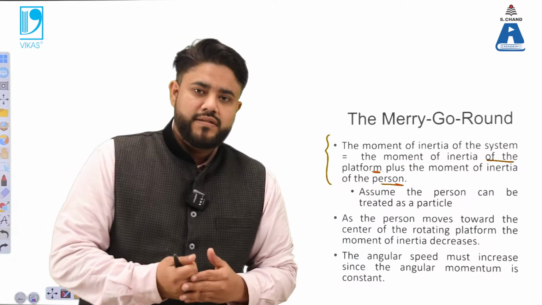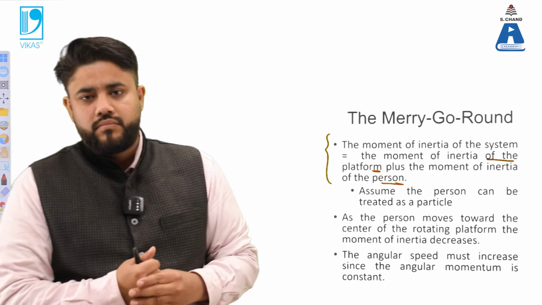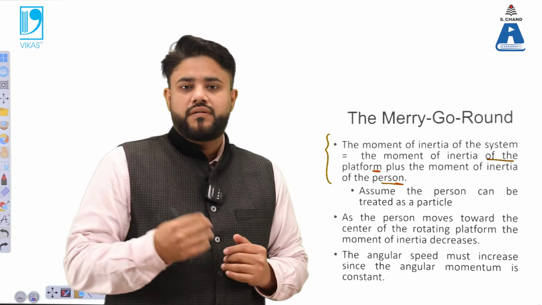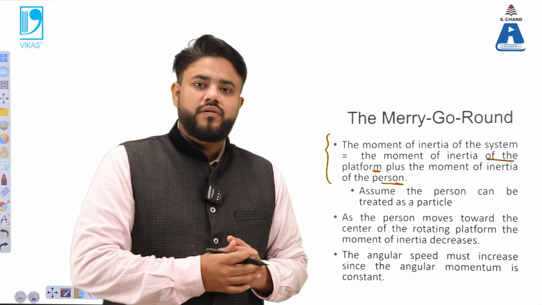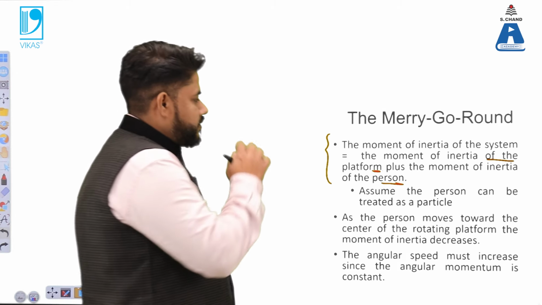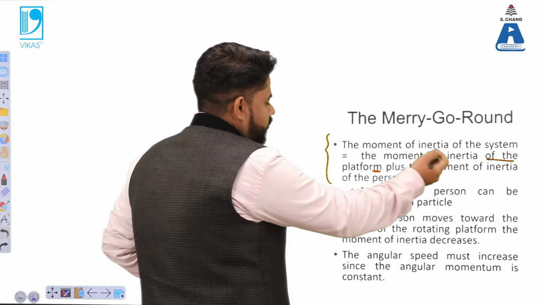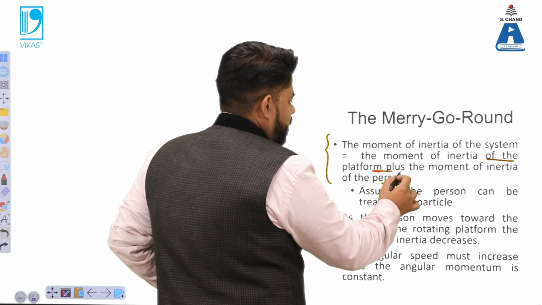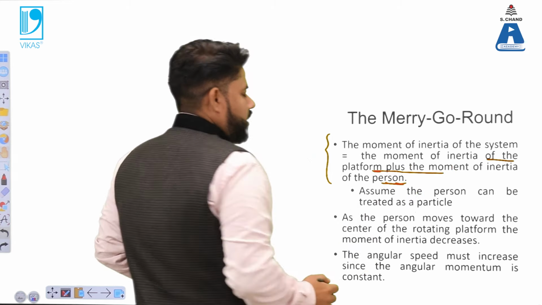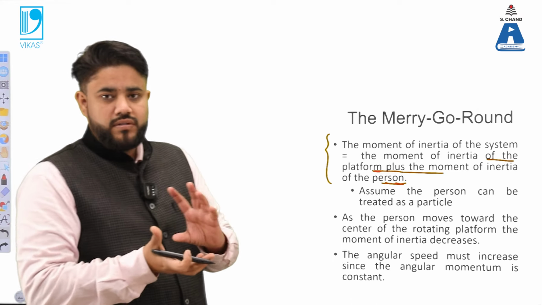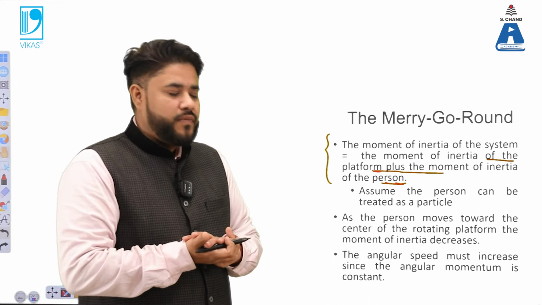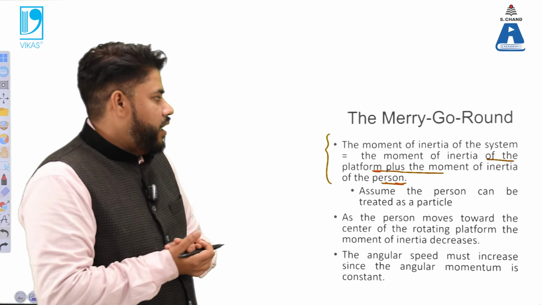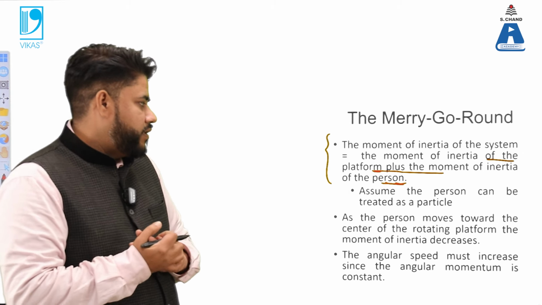We were discussing the solution of that problem in which the child has stepped onto the surface and we have to find the value. We follow this procedure in which the moment of inertia of the system is equal to the moment of inertia of the platform plus the moment of inertia of the person. The merry-go-round has some moment of inertia, and we have the moment of inertia of the person.